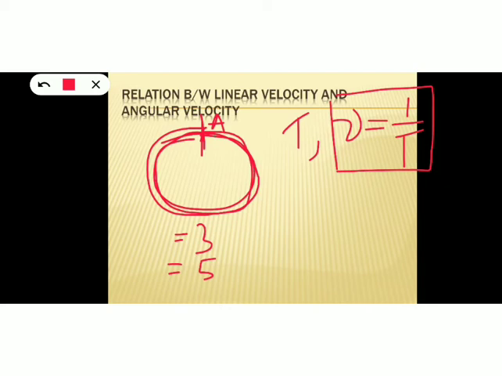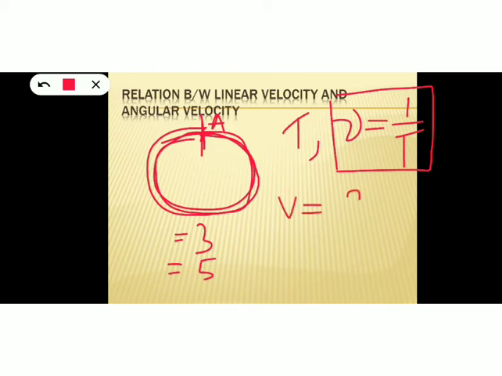However, during this time, the distance moved by the object is 2 pi r, isn't it? What is the circumference of the circular track? Circumference of the circular track is 2 pi r, and that circumference itself will be the distance moved by the object. So whenever the object covers one revolution, it has moved a distance of 2 pi r. So what will be the velocity v?